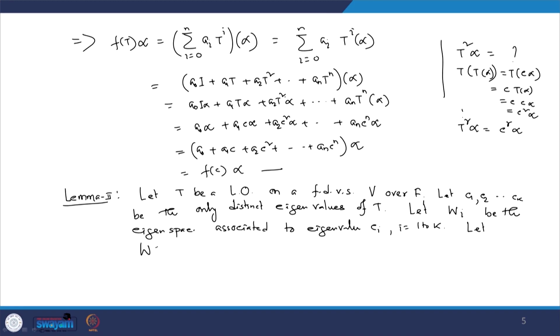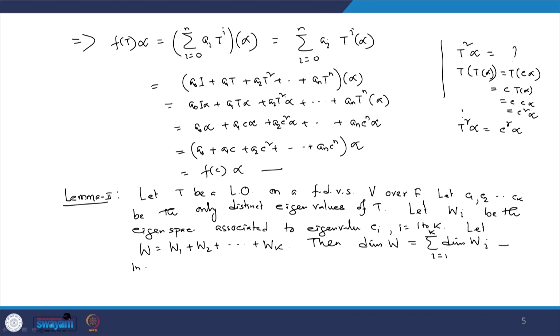Let W be equal to the sum of subspaces W1 plus W2 plus ... plus Wk. Then dimension of W equals the sum of dimension of Wi, i equal to 1 to k.